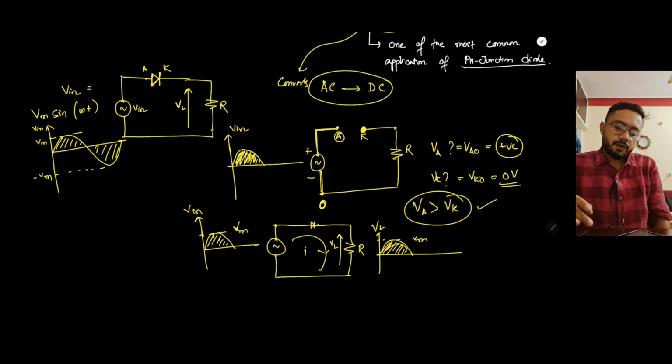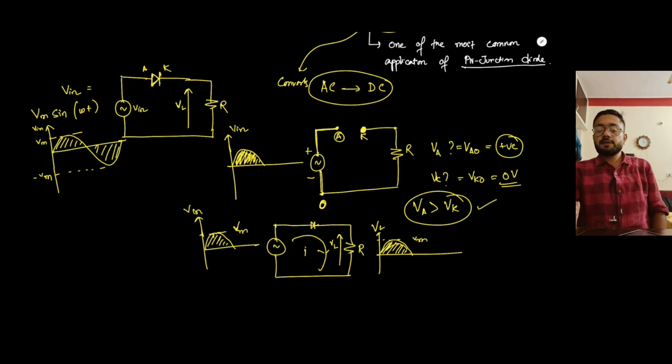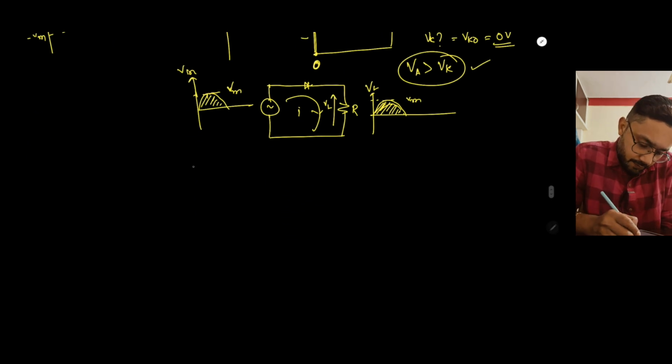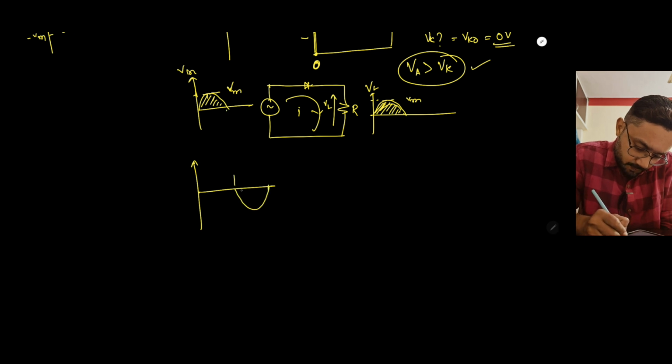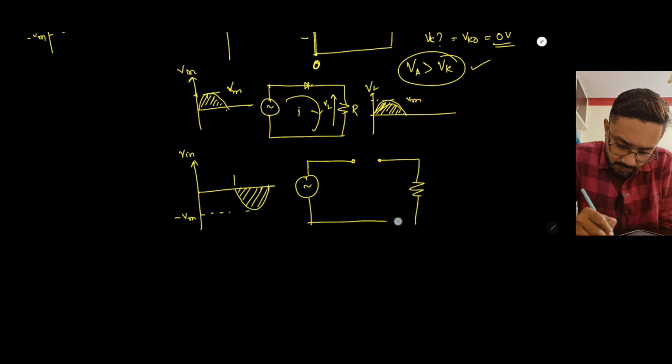Fine. Now what will happen when the input voltage takes a turn, that is the negative cycle? When the input voltage is now negative, let's again check whether the diode will conduct or not. What will be VA?